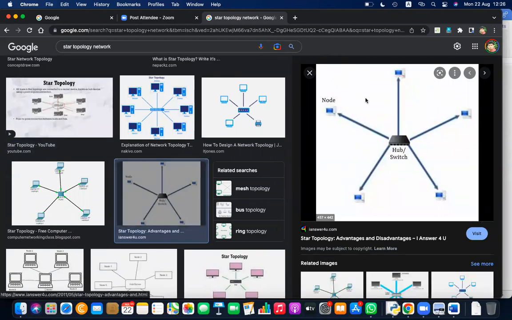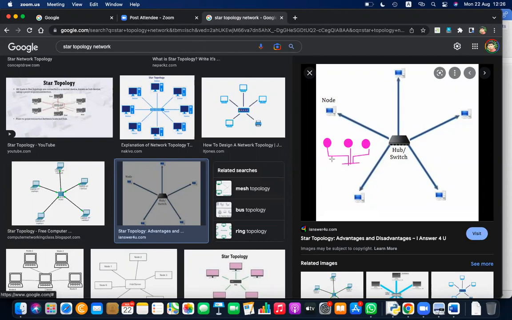It looks like a star, but don't think that everything arranged like a star is a star, right? Sometimes a network is arranged like this: 3 computers are there, then there will be lines like this, and there's a switch here connecting all 3.